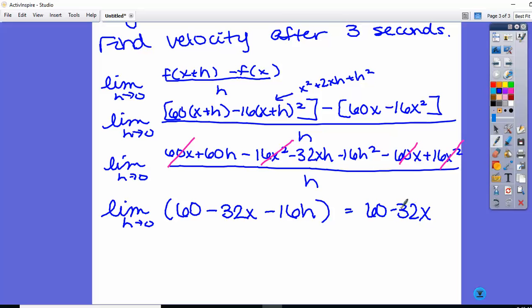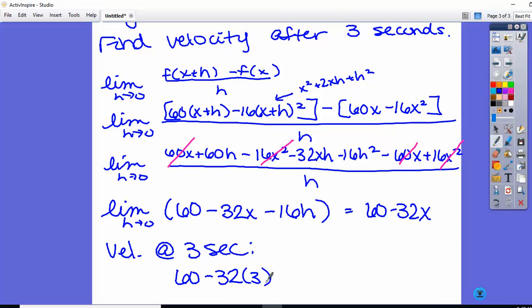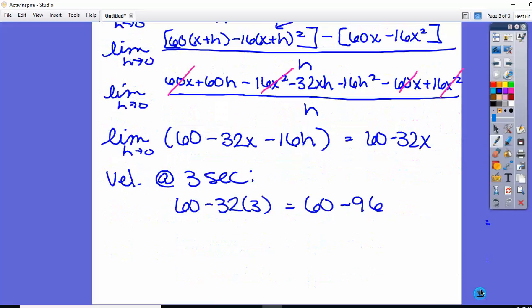That's my derivative, so that's my equation for the velocity. So the velocity at 3 seconds, you're going to plug a 3 in. So we get 60 minus 96. We get negative 36 feet per second if you want to include units.